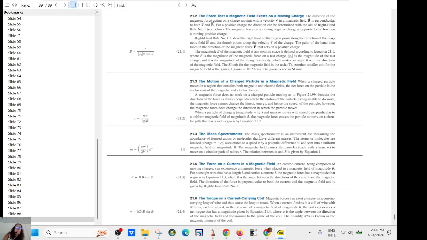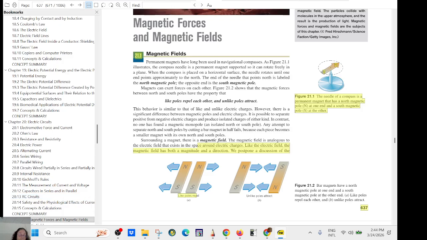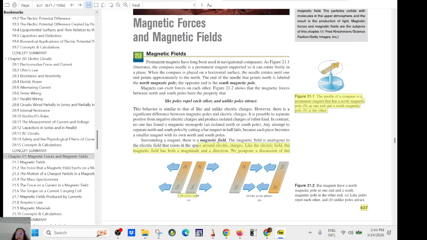So that comes from your book. If I go back to your book here, you see magnetic force and magnetic field, that will be unit 21. I highly recommend that you not only rely on me, like some students, they just rely on me. Don't rely on me. You have a textbook, and you can see that many of those pictures that I use in my slides come from that book, right?